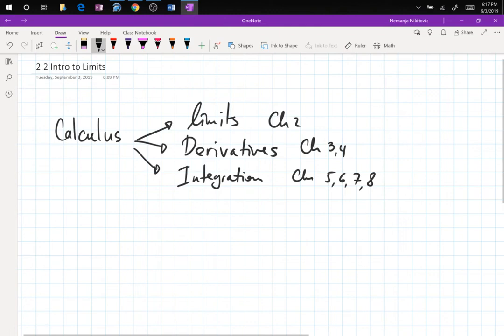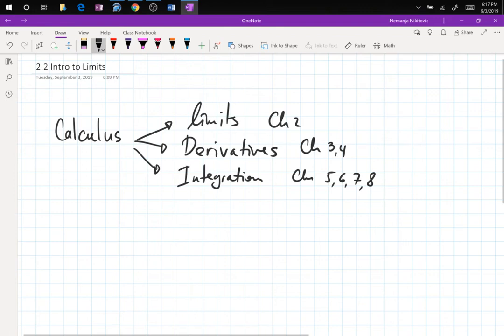It's a little chapter on differential equations, but you are going to have a whole course on that eventually, maybe. And then the two chapters that use limits as application. And then Calc 3 will be Calc 1 from scratch.